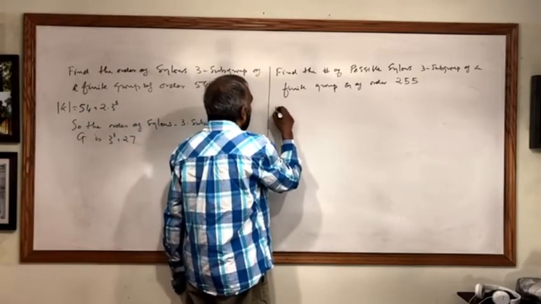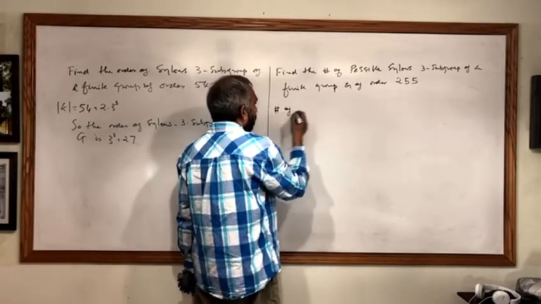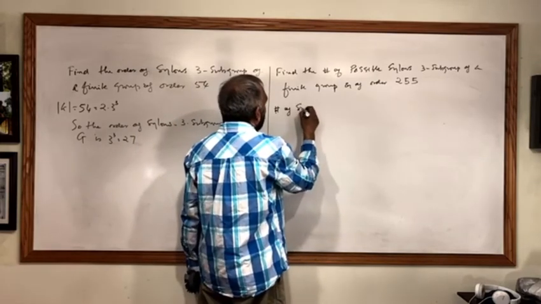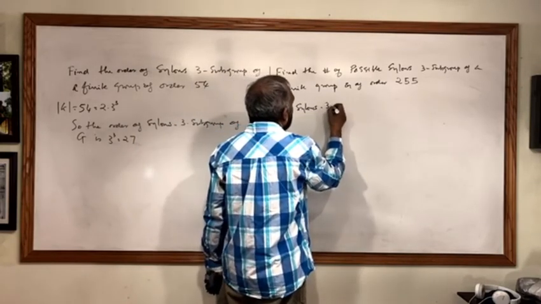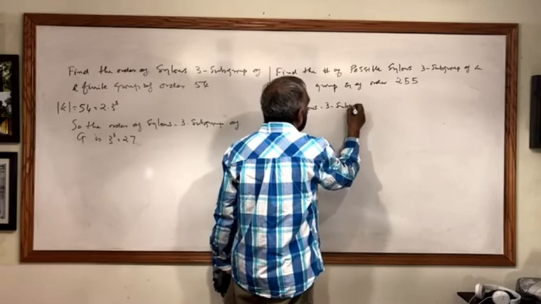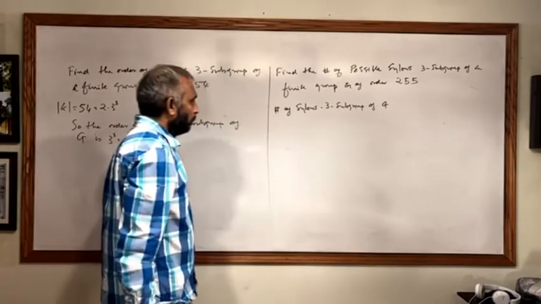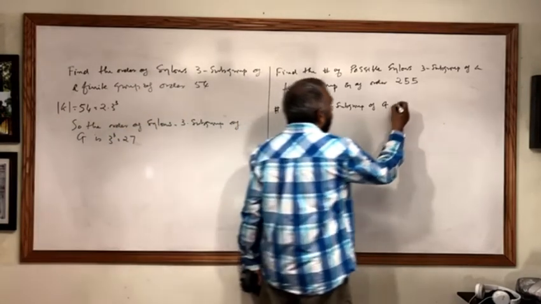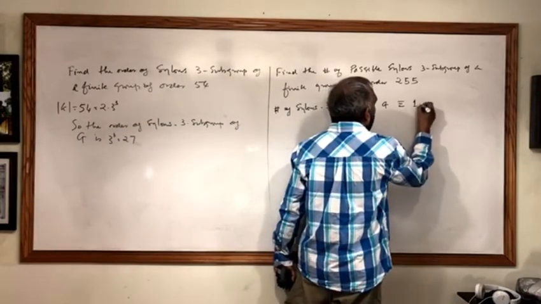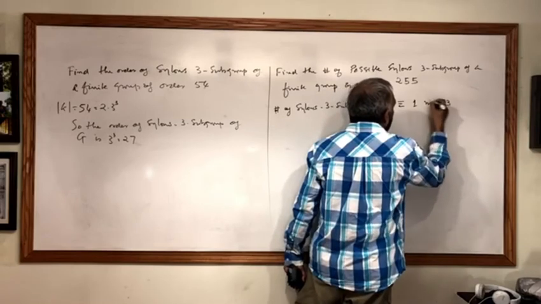So the number of Sylow's 3 subgroups of G is congruent to 1 mod 3.